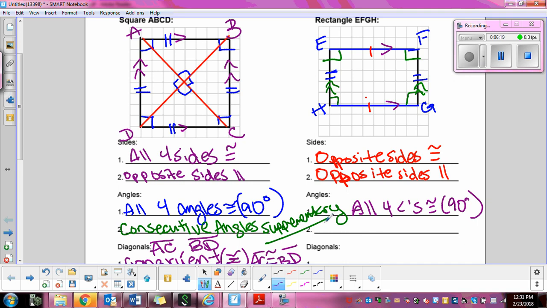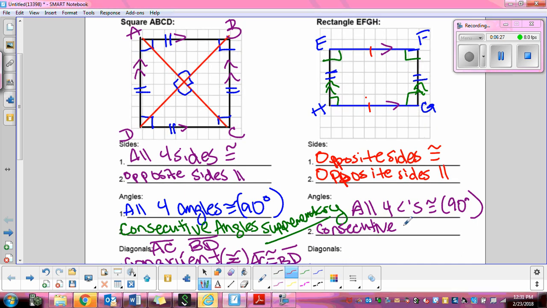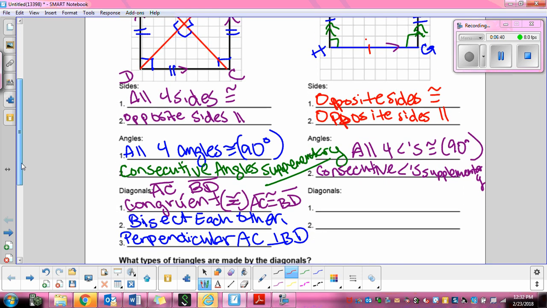So we're going to say consecutive angles are supplementary. Okay. Let's look at the diagonals.